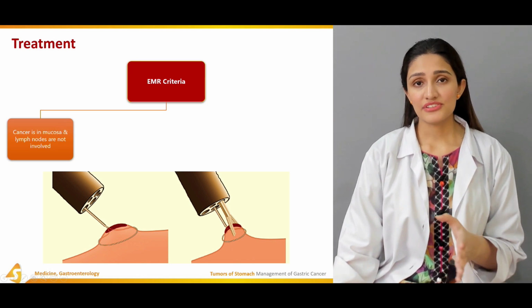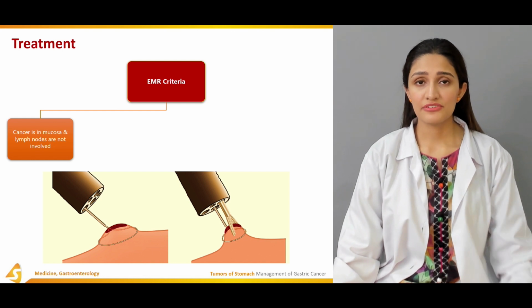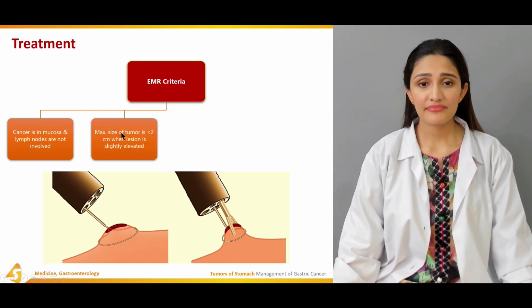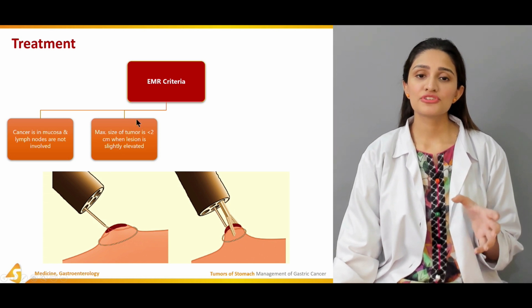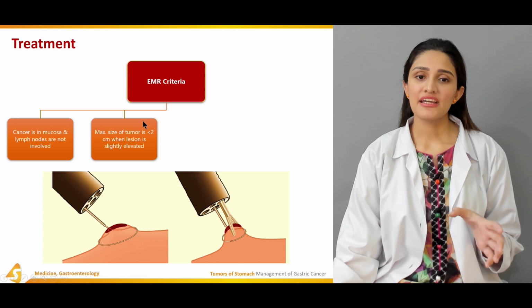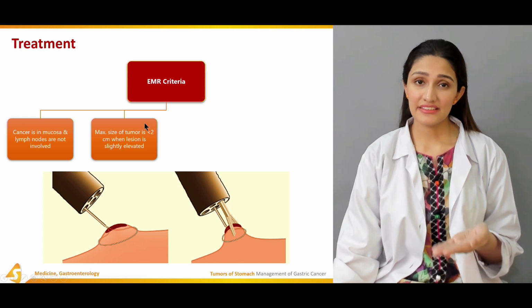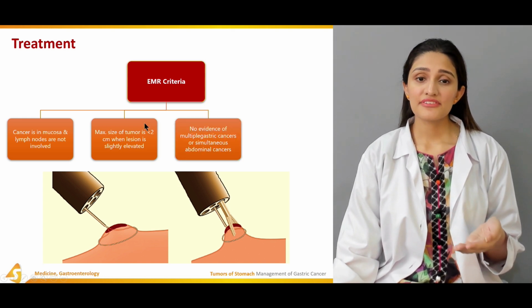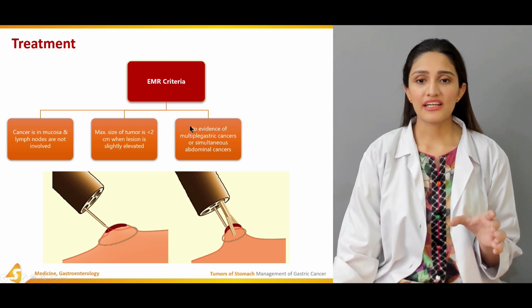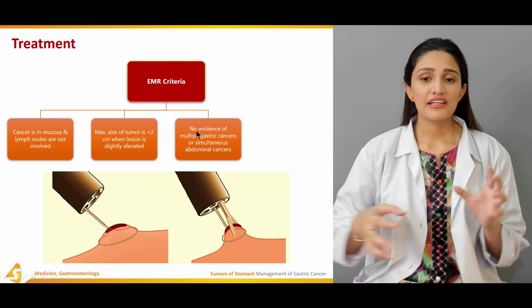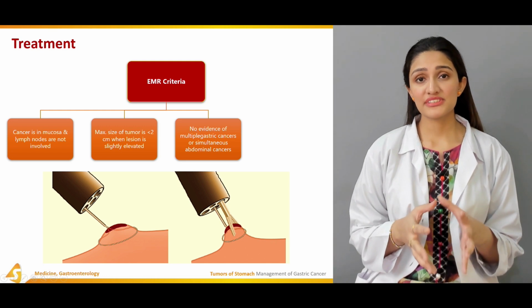So only these patients are being treated with endoscopic mucosal resection. Second is the maximum size of the gastric tumor should be less than 2 centimeters, and the lesion is slightly elevated.